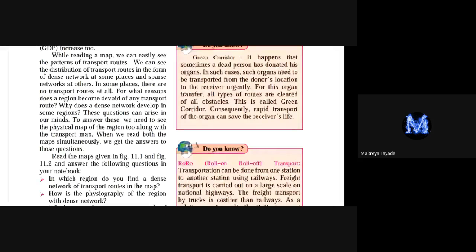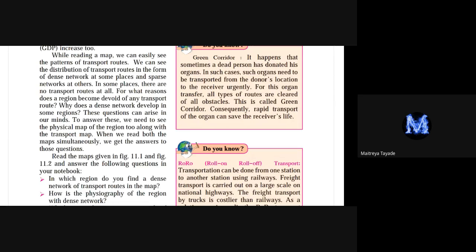If you want to understand this, you have to keep two maps with you. The first map is the physical map. The physical map of India or any country will show where the hilly regions are, where the plateaus are, where the plains are, and where the forests are. The other map you have to keep with you is the transport map.